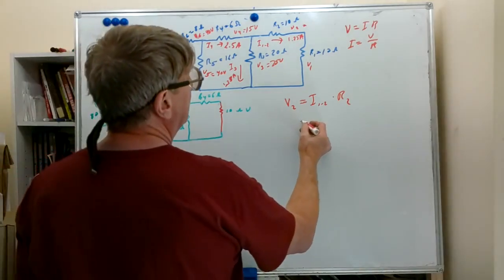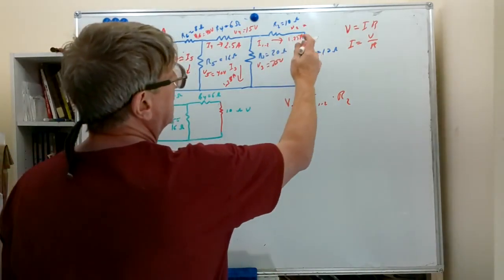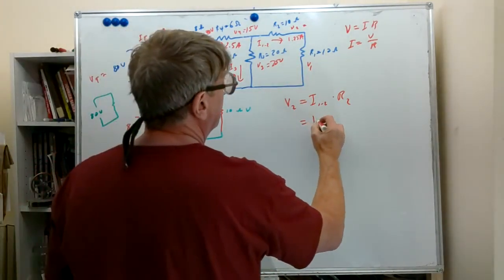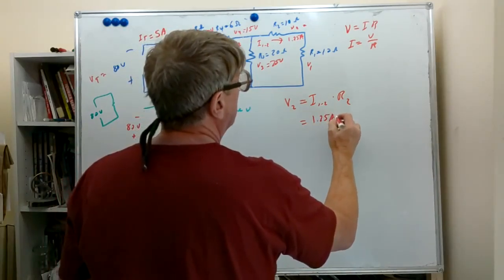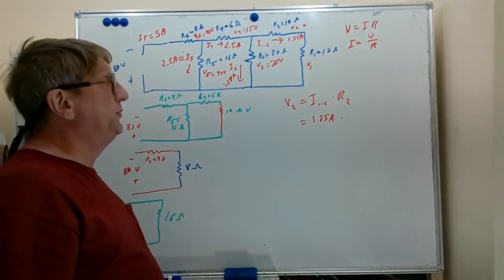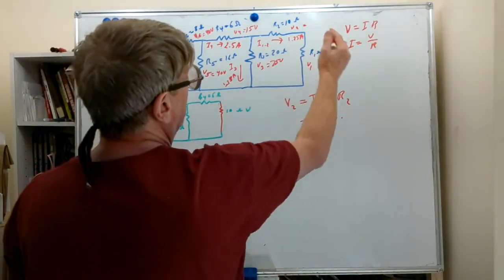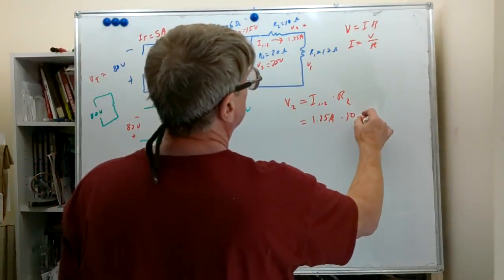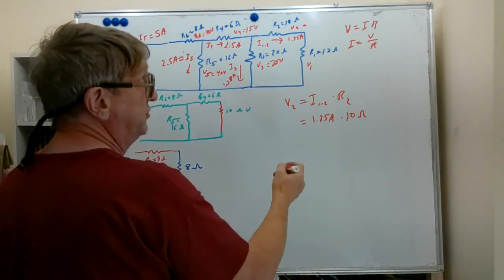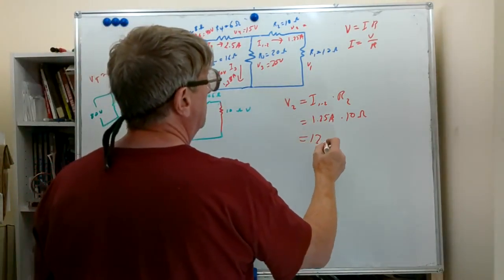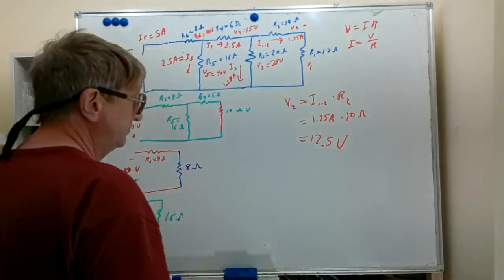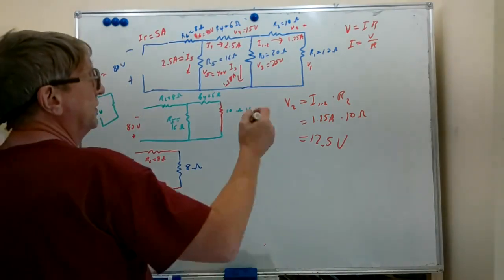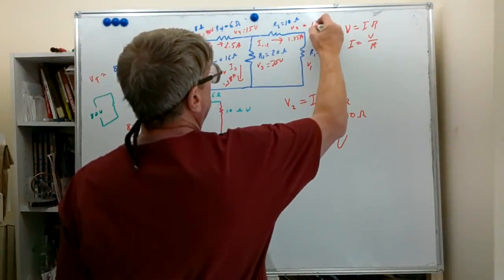Now we can do some substitution. V2 equals I12. We calculated that right here, 1.25 amps. We multiply that times R2, which is 10 ohms. Well, 10 times 1.25 comes to 12.5 volts. Let's write that here, V2 12.5.